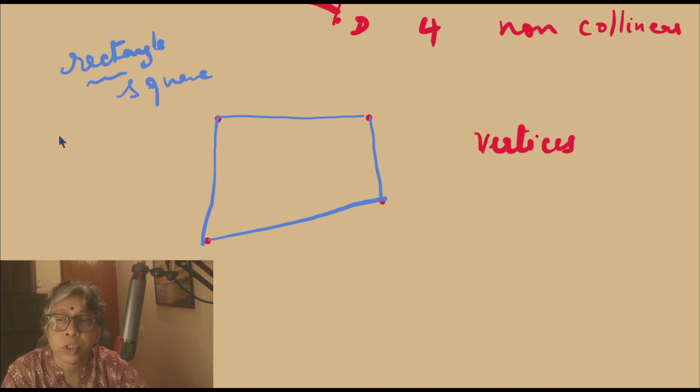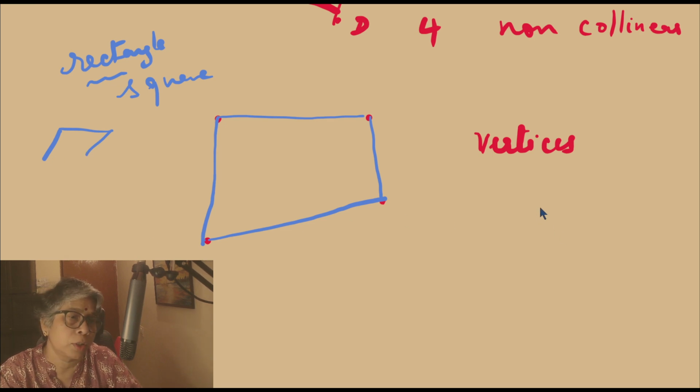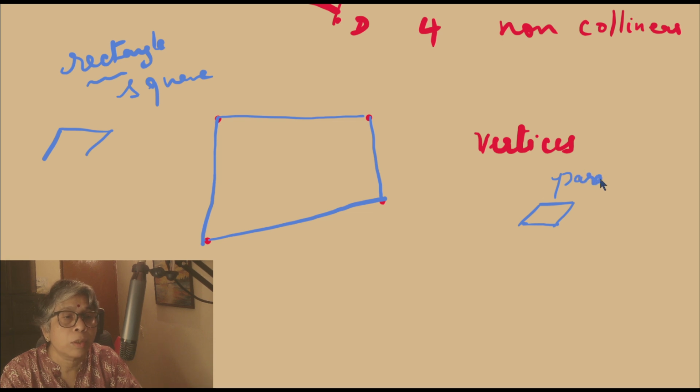You get some other shape. Sometimes they look like this, right? I'm not drawing this shape properly. Let me draw it. Yeah. Right, diamond. Sometimes you call them diamond shaped, but we have a separate term for that. For this, it's called a parallelogram. This is called a parallelogram.